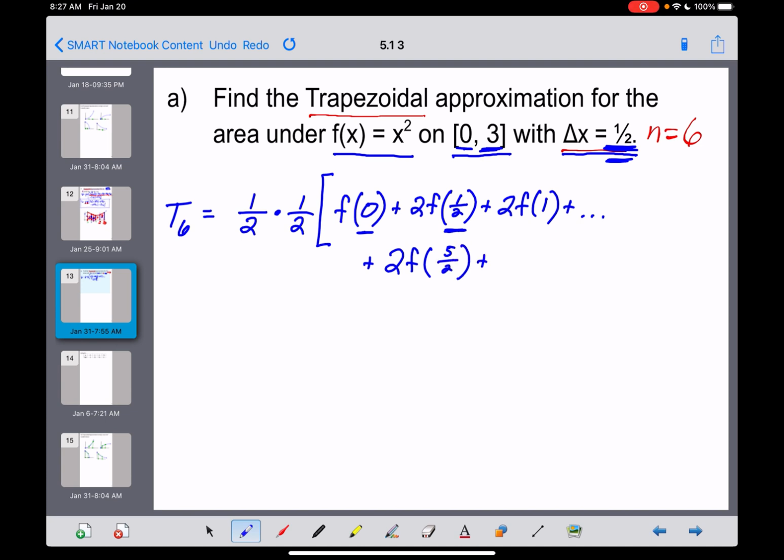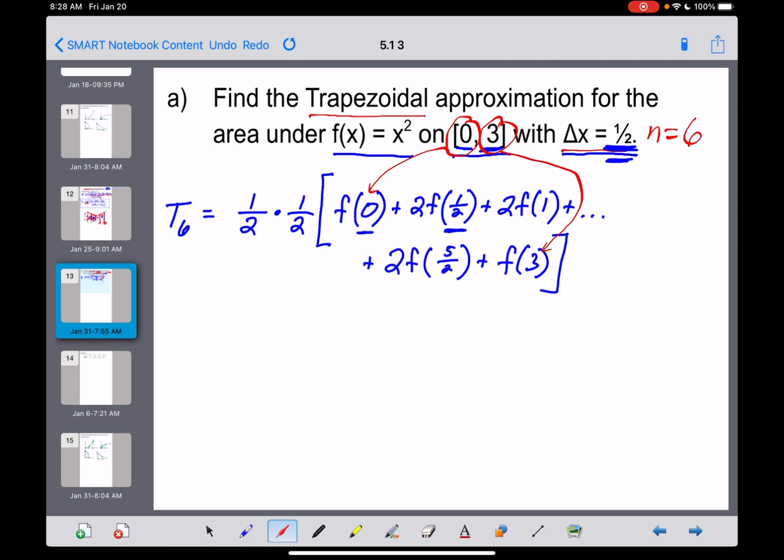And then at the very end, the right endpoint's height only gets used once. So f of 3. So unlike the left endpoint approximation and the right endpoint approximation with rectangles, we're using both your a value and your b value in our calculation for the trapezoidal approximation. But those only get used once.